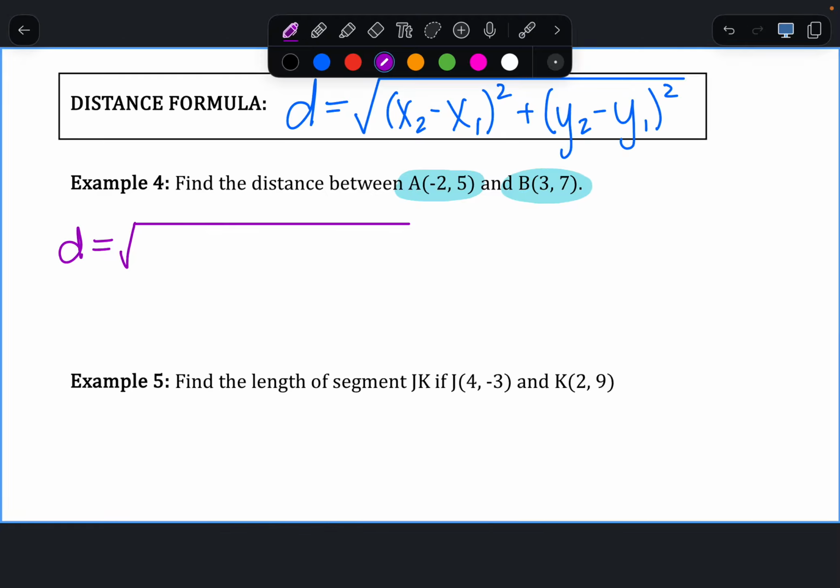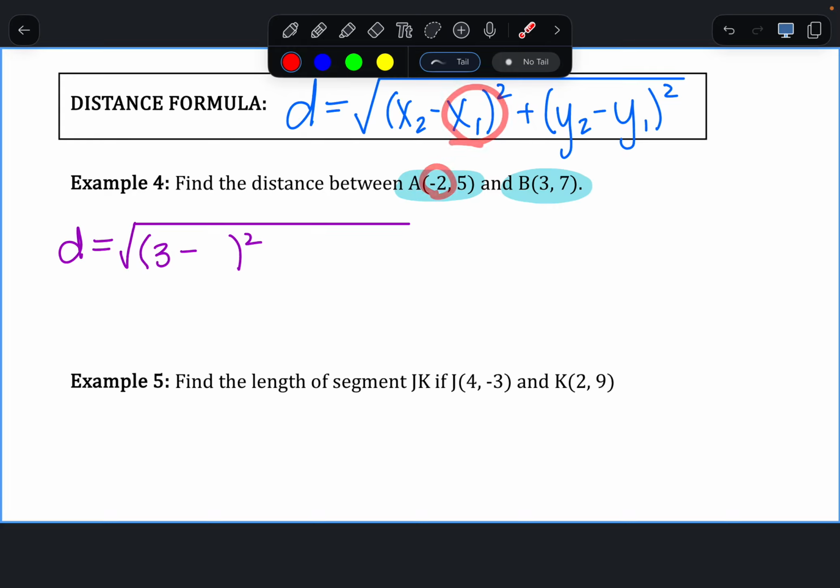So I need x2, 3, minus x1. X1 is negative 2.